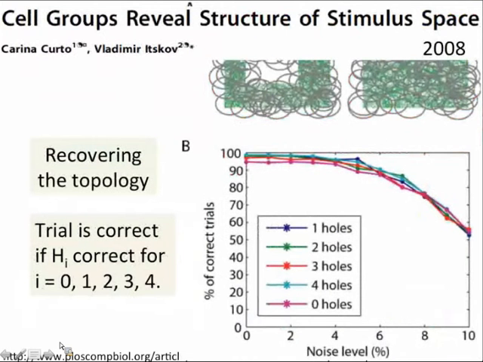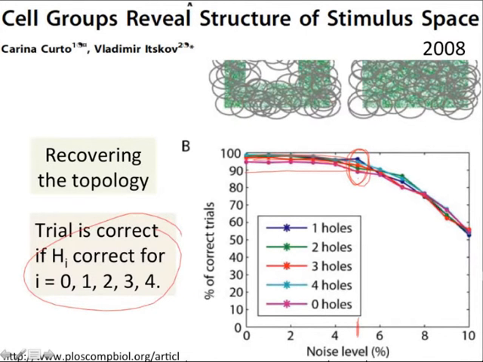In the 2008 paper, the answer is yes. Even if you have up to 5% noise, and whether you have 1, 2, 3, 4, or 5 holes, regardless of the number of holes, you still have at least about 90% of trials giving you the correct homology for H0 through H4.